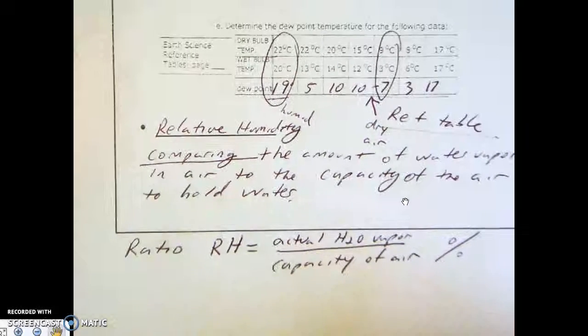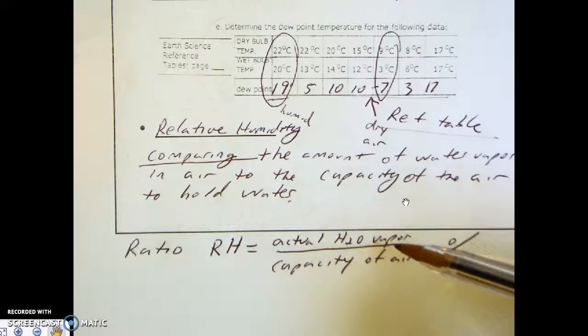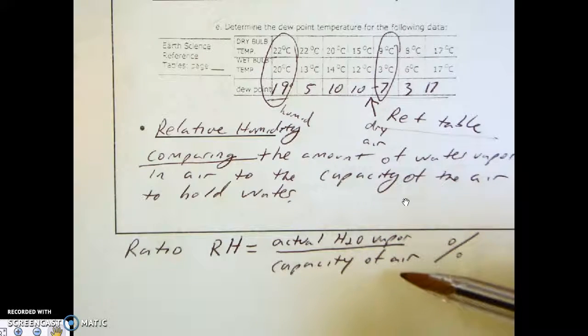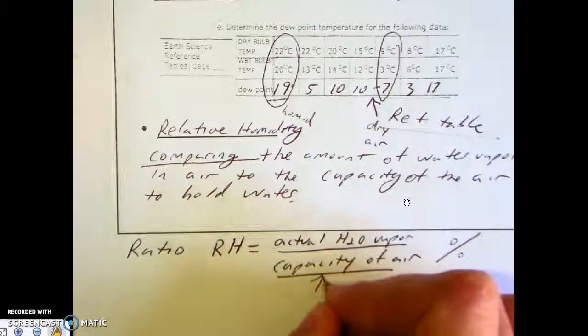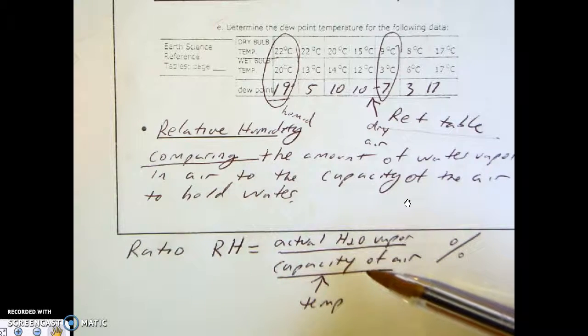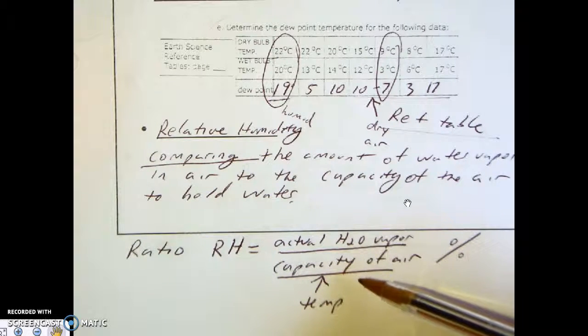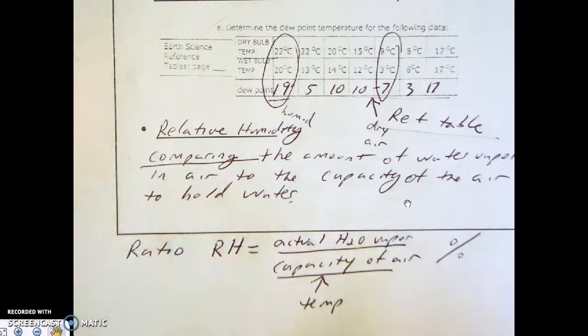So relative humidity, you hear 80% relative humidity, 100% relative humidity. And that's really what we're doing. We're dividing the actual amount of water vapor in the air by the capacity of the air to hold that water. Now remember, capacity of air is dependent on temperature. So the higher the temperature, the greater that capacity becomes. So temperature will affect your relative humidity values. And that's something that we'll take a look at.